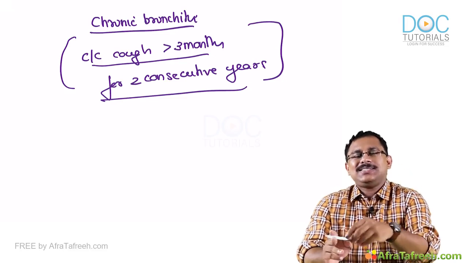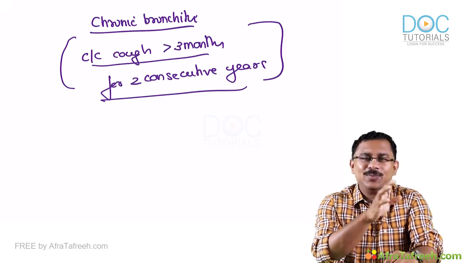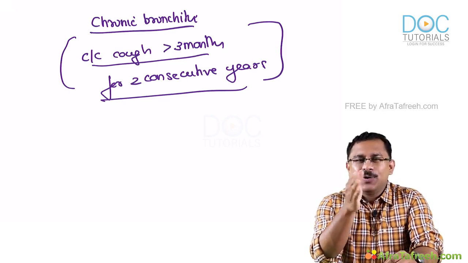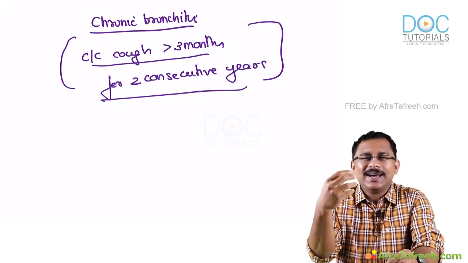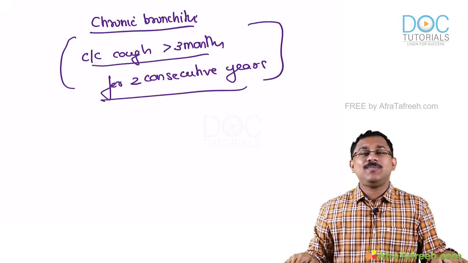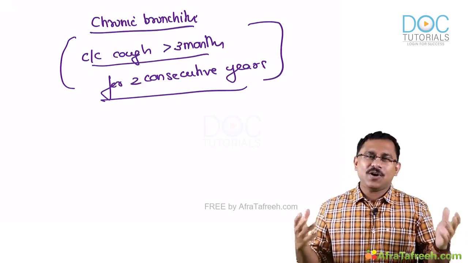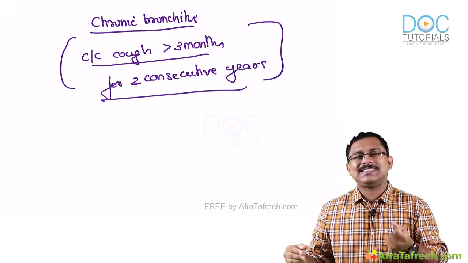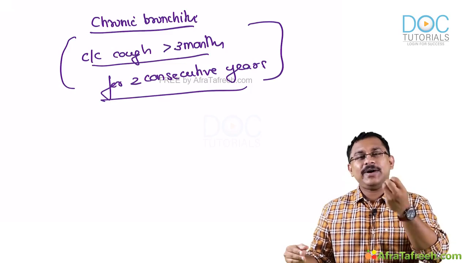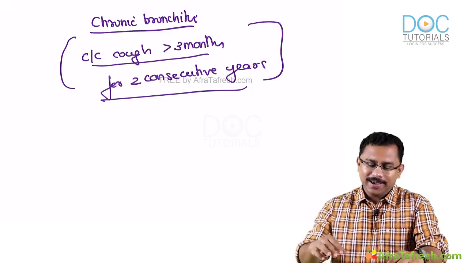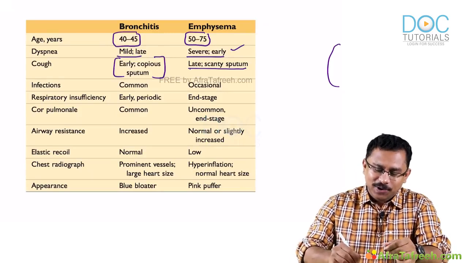But then what happens is that your ciliary mechanism is very much defective. You agree with me? And because this mucociliary mechanism is very much defective, there is a good chance that the individual can be very much prone to infections. So a patient with chronic bronchitis may experience recurrent infections, and because of the infections he might have a purulent sputum also. Okay, very clear. So infections are common in case of bronchitis.